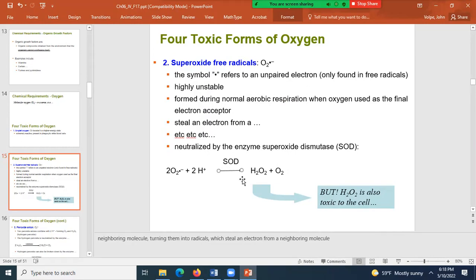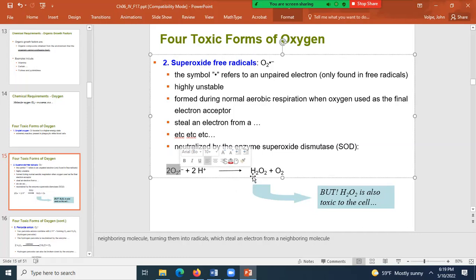And that will generate hydrogen peroxide and oxygen from the 2 superoxide free radicals. Any question about any of that? Our cells live in oxygen, so we have SOD, that enzyme.